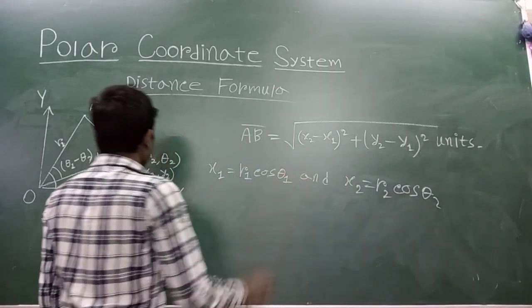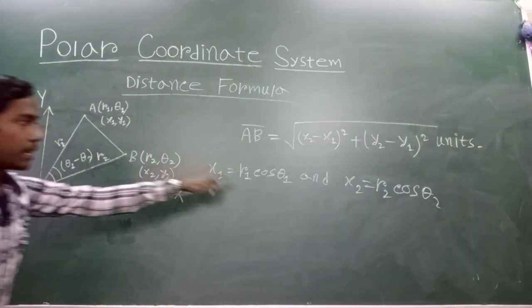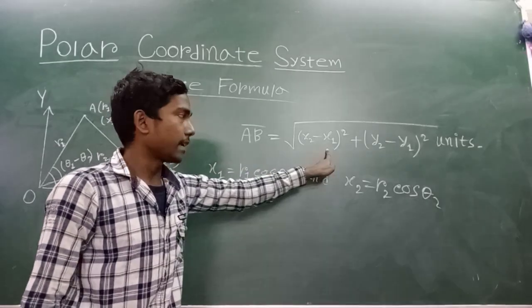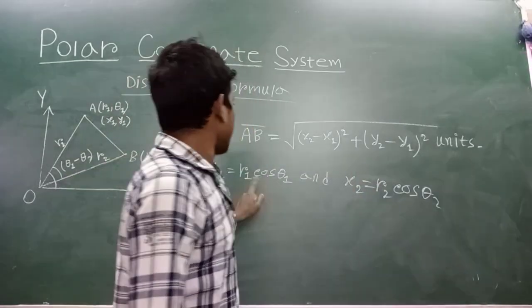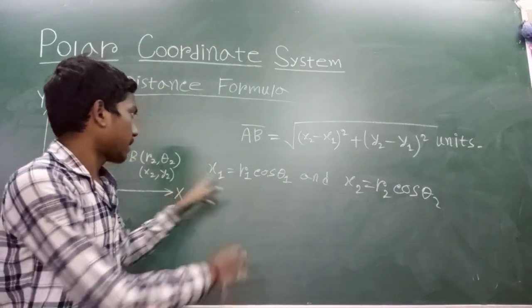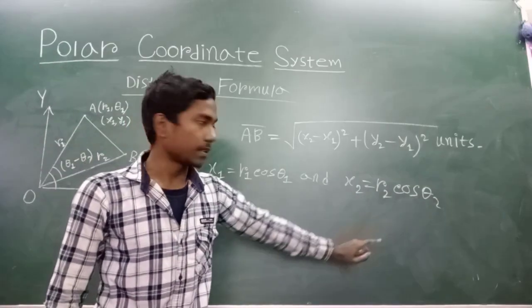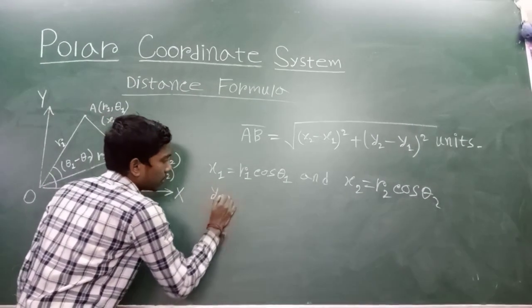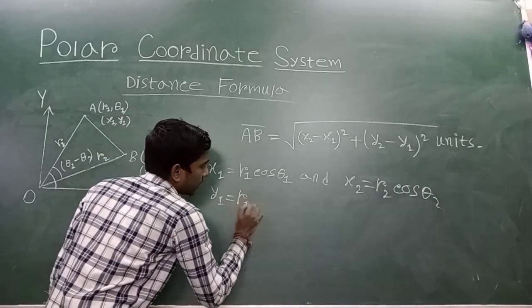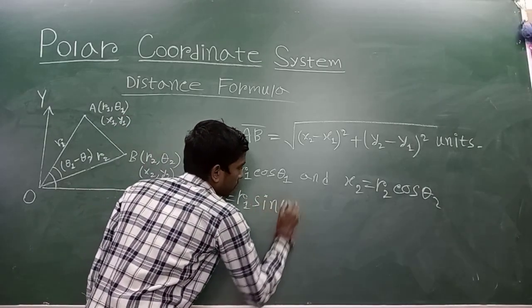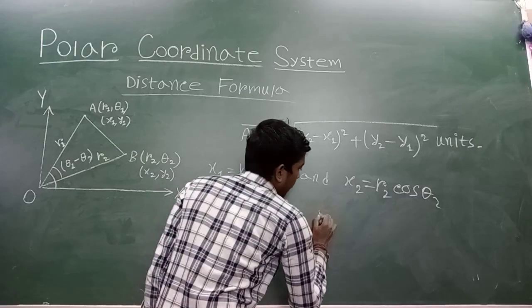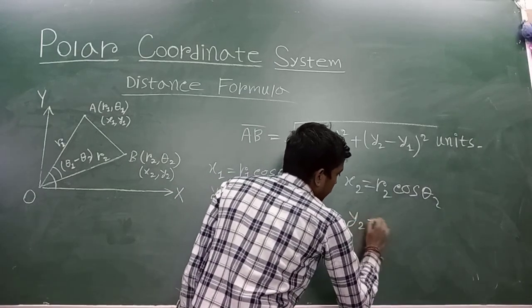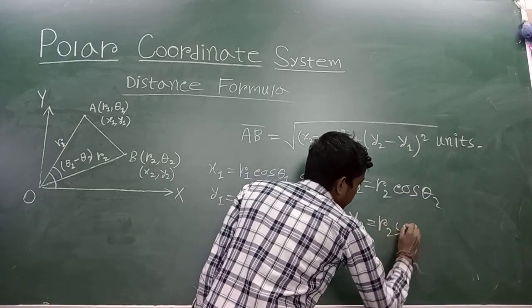Similarly, y1 is equal to r1 sin theta 1 and y2 is equal to r2 sin theta 2. From here we can replace x1, y1 and x2, y2 by these values.